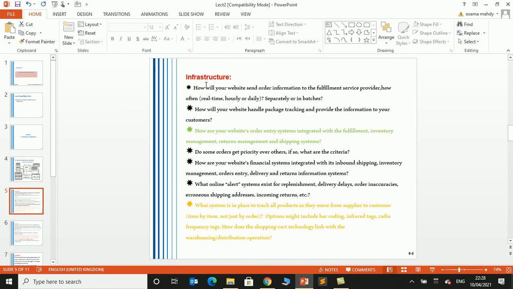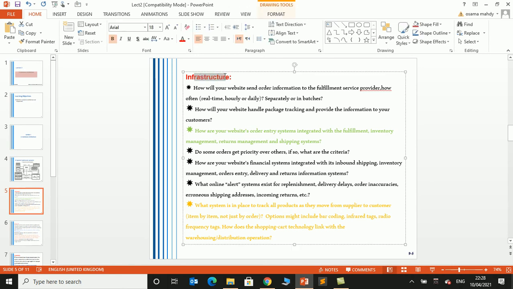In this slide we describe the importance of infrastructure. I put it in some questions. These questions notify you or alert you about the need for each detail standalone.